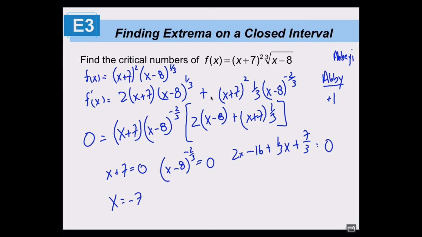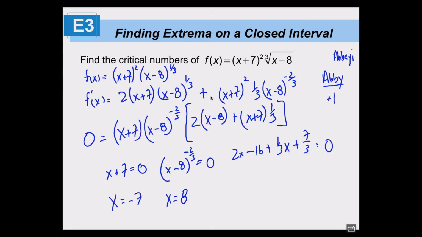No, it makes it undefined, but we still want to count it. So we have to get 8. Does everybody understand why that's undefined? Negative exponent would move it to the bottom, but it still counts as a critical number because critical numbers are determined where it equals 0 or where the derivative is undefined.